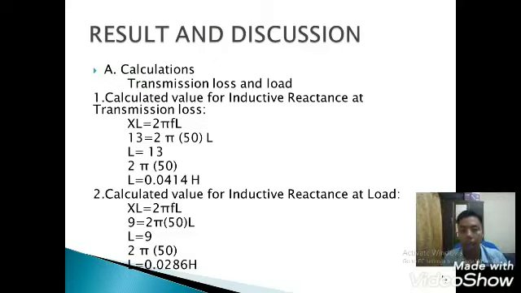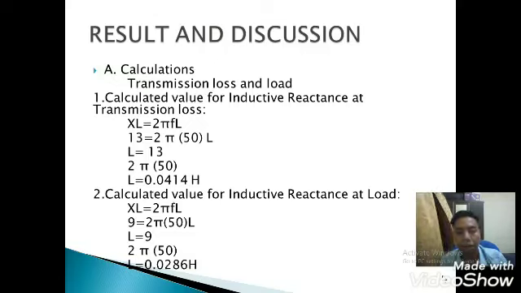So we can get the L. L is inductance. So the L is 0.0414 Henry.